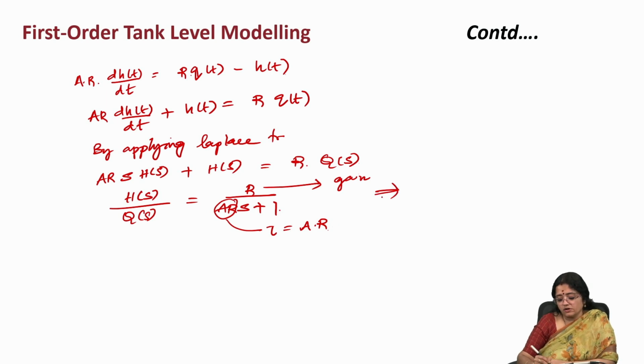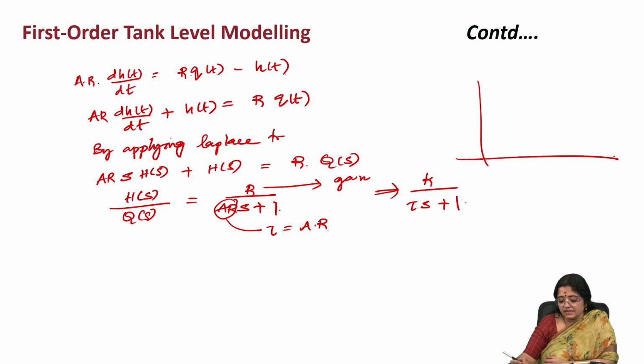So now it is analogous to the first order system representation as K by tau s plus 1, right? We already understood that depending on the time constant value and the gain value, by looking at gain we understand for a step, this is a step response equation for the first order system, where K is the gain of the system.